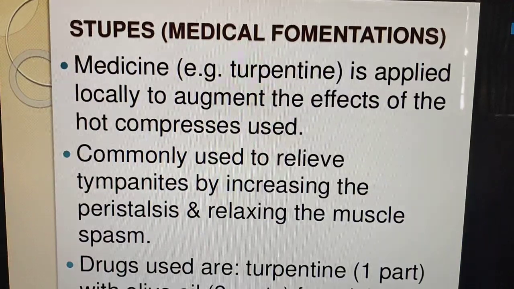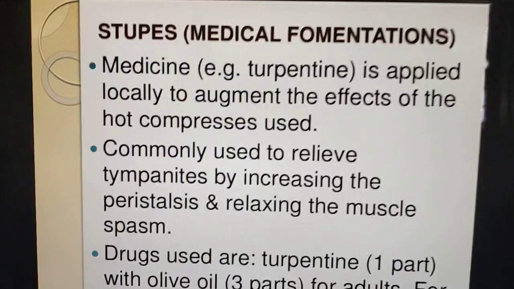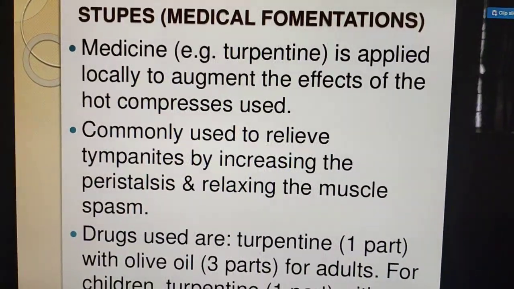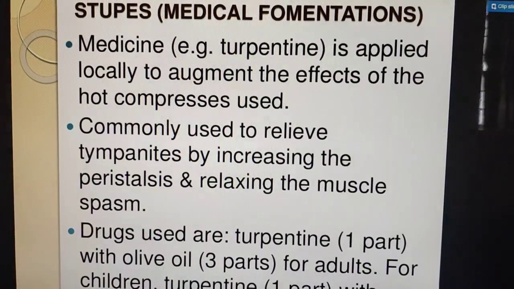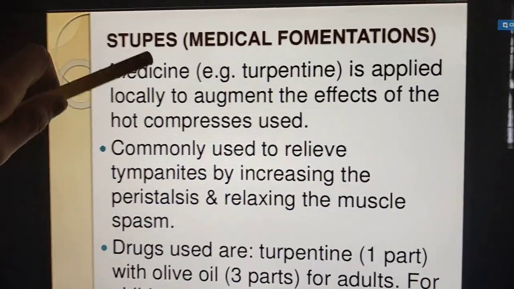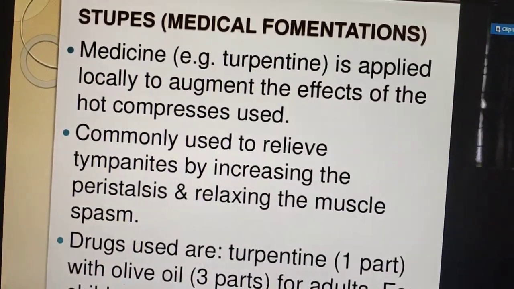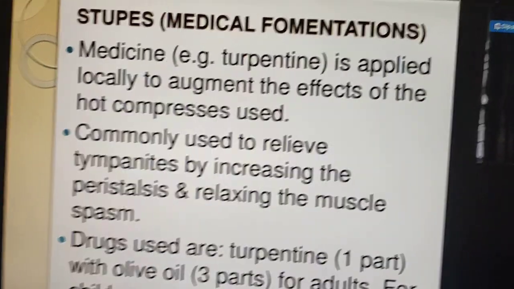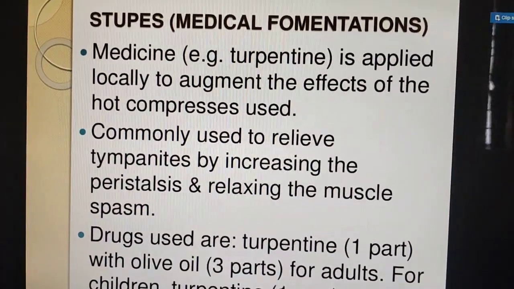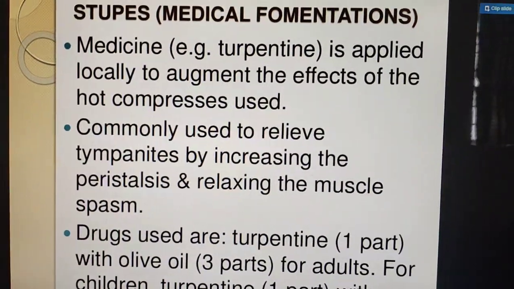Okay. Next one is STUPS. What is STUPS? It is a medicated fermentation. It's the same as a fermentation, but we are using some medicine. For example, we can use turpentine. Water holds some heat for a limited time, like 20 to 30 minutes, but if you are using turpentine, we can get long-lasting heat, so we call this STUPS.